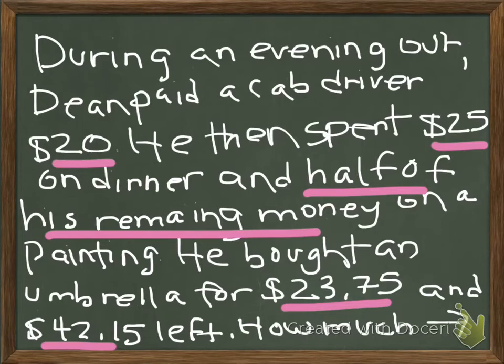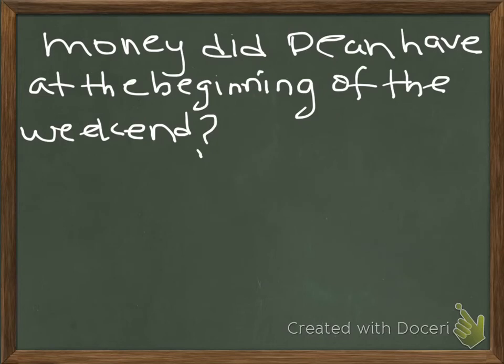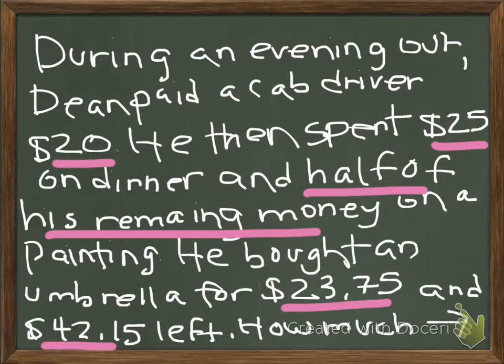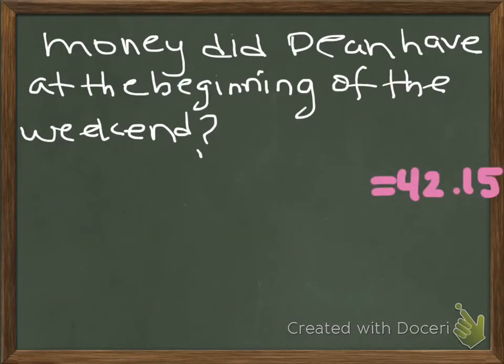So we know that it needs to equal $42.15. Then we need to think about, he had his money in the beginning, which we don't know, so that's going to be our X.